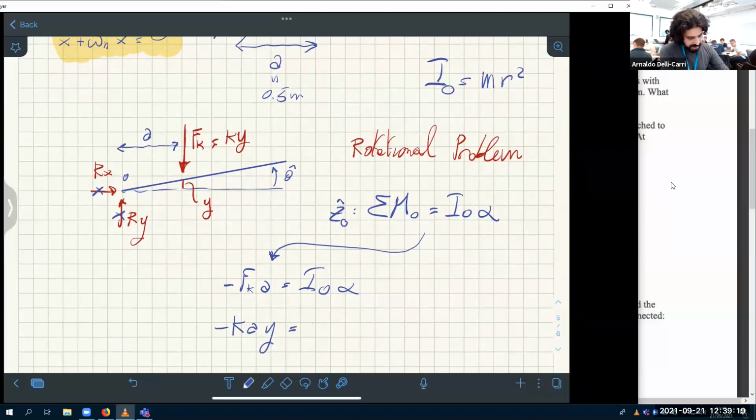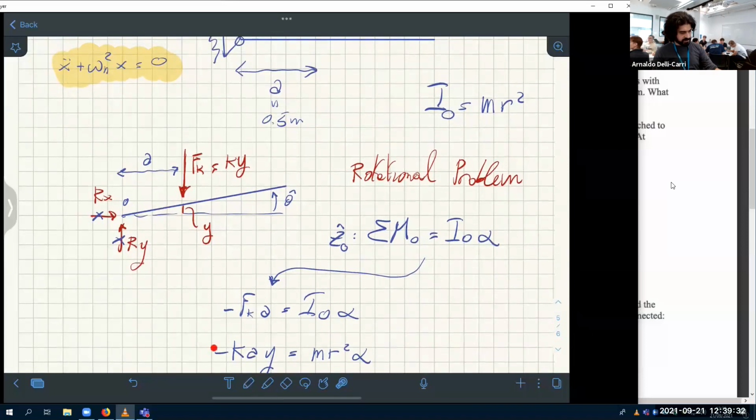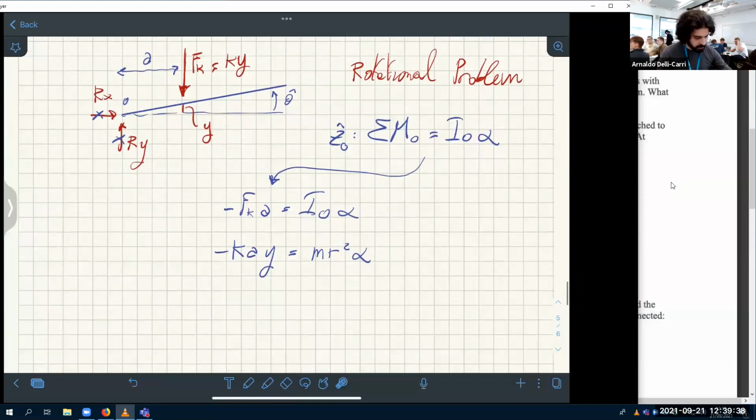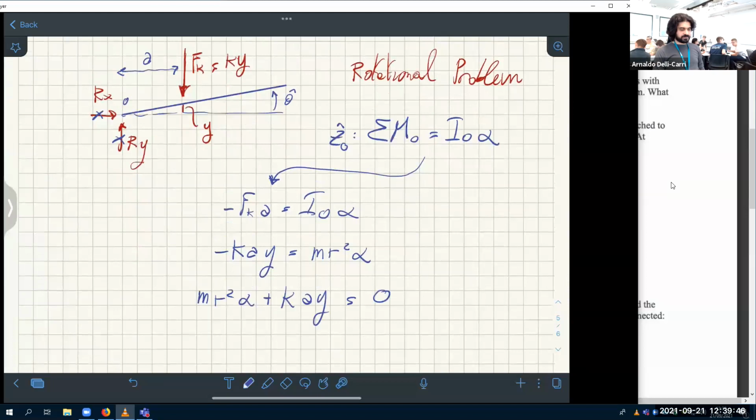Equals M. I told you that IO is M R squared times alpha. Does this look like this? Not yet. We can put this one on the other side. So we can say that M R squared alpha plus K y A equals 0.